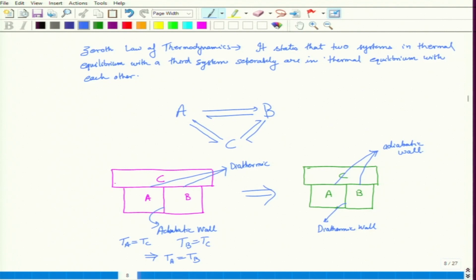After achieving equilibrium, when we change the wall, there is no change, because ABC is already in thermodynamic equilibrium. So from the zeroth law of thermodynamics, we can say that there is a temperature that describes thermodynamic equilibrium. We'll end this discussion here.